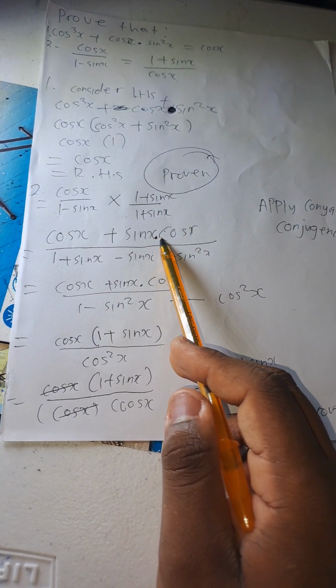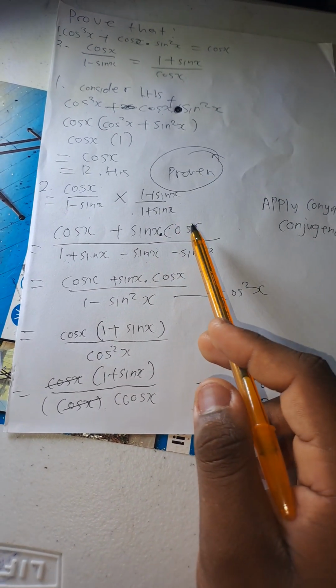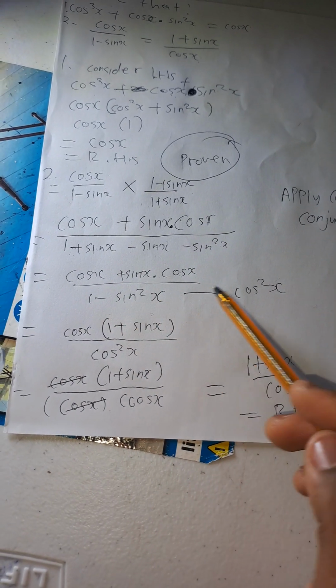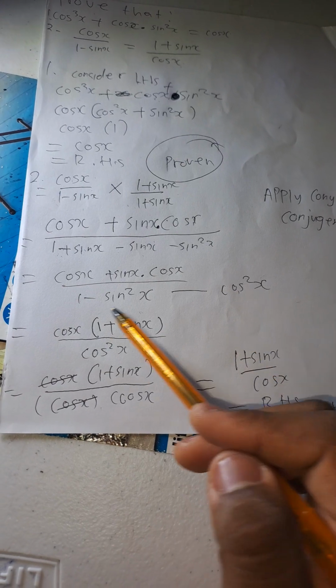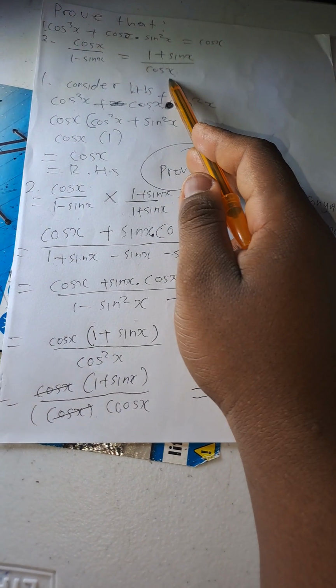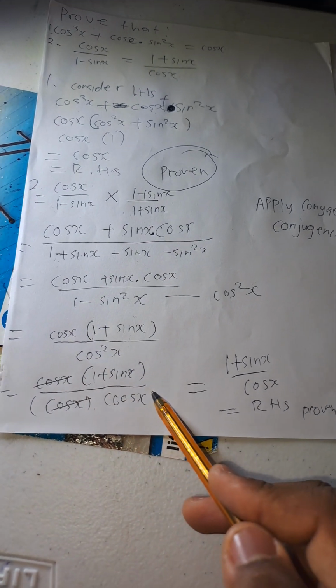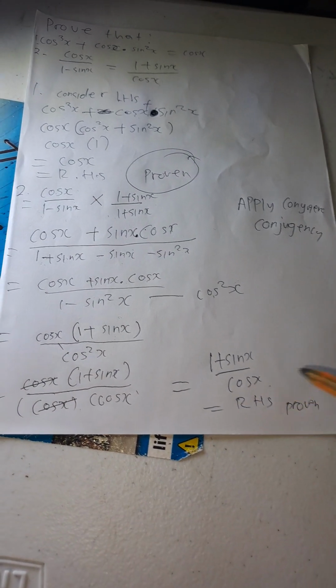Since there's this dot for multiplication, it means I have to check what's common. And since this is 1 minus sine squared x, it has to be taken to cos squared x, and the proof is saying cos x, so I have to maintain it by changing this to cos x so that these ones can cancel, and then I'm done.